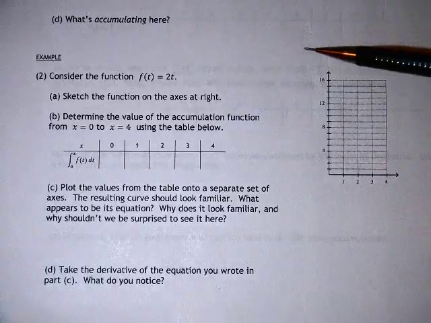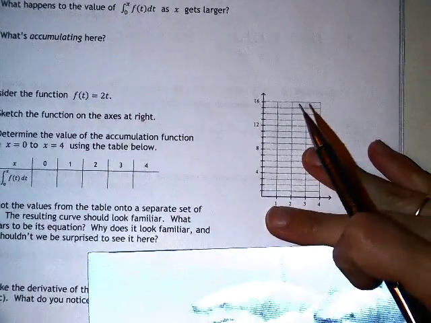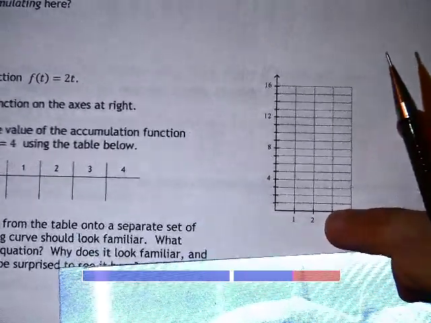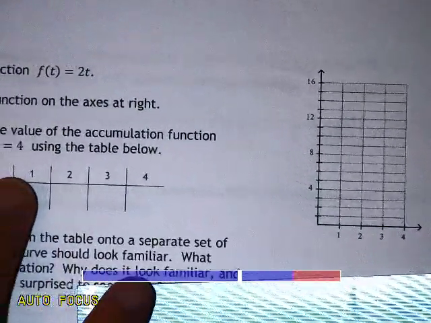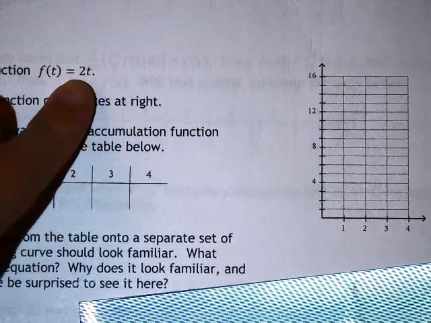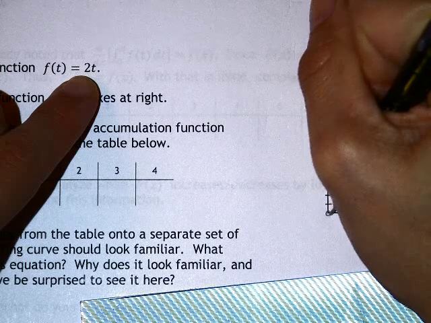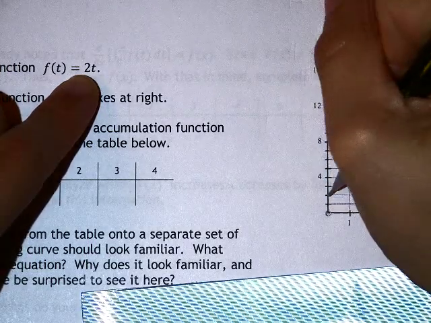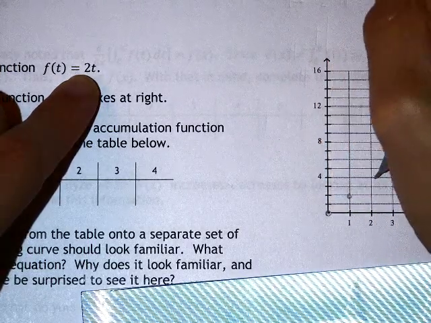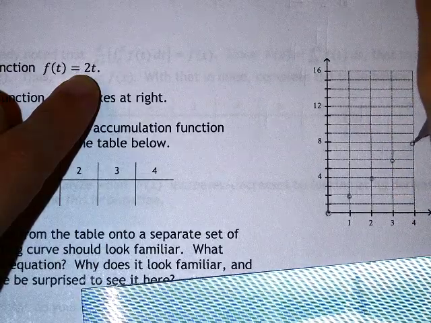Now, just so you're not completely on your own, I'll at least help you set up the picture, and I'll encourage you to think about which way, given the picture, you'd prefer to do this problem. The function in this one is 2t, which would be a diagonal line with a y-intercept of 0 and a slope of 2. So up 2 over 1, up 2 over 1, up 2 over 1, up 2 over 1.